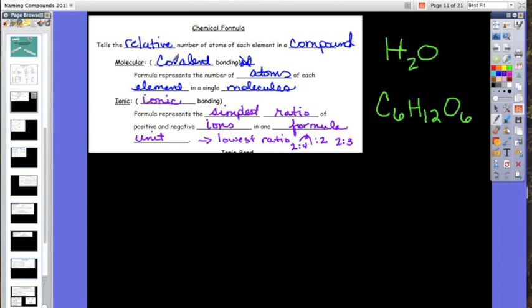Now, up here in molecular, when we have a molecular compound, we actually do have ratios like this one over here. In lowest terms, this would be a 1:2:1. But when we're talking about molecules, we actually put them as they really are. We don't put them in the lowest term because of the way they bond. And we'll talk about that some more in a little bit.